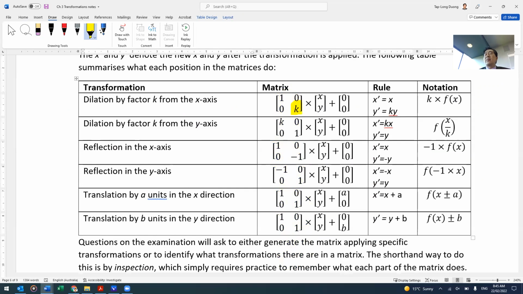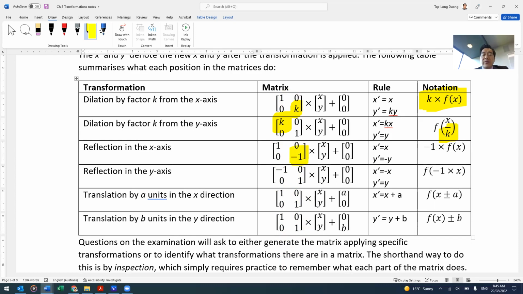So the dilation factor k, if it's 2, then that's a 2 there. Note that this is not a half, it's 2. But then when you substitute it in, this one is the same as the number in front of the function. But for this one here, if it's 2 from the y, there's a 2 in there, but then you divide it by that 2. So just be careful, don't get those confused.